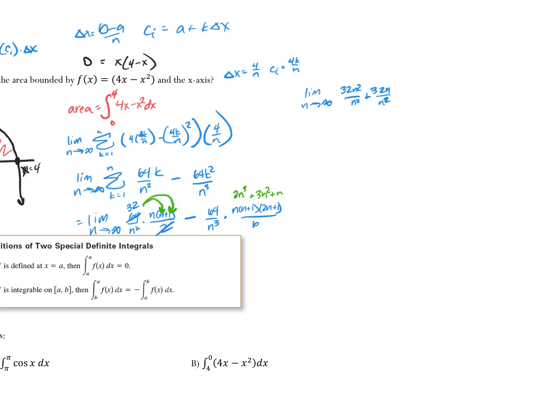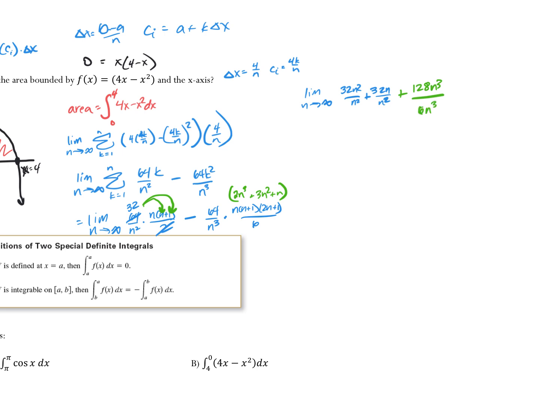So then we have plus, and if I distribute that 64 to the 2n cubed, that would be 128n cubed, and on the bottom I would have 6n cubed.